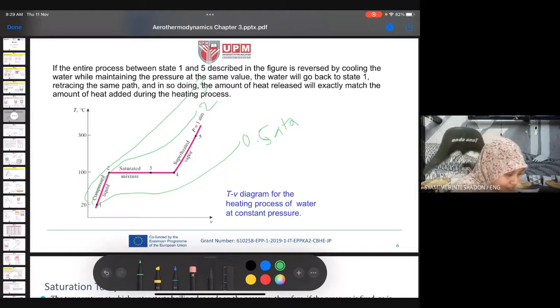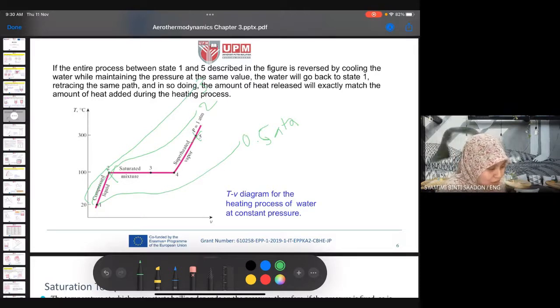For example, at state 5 and at state 2, even though the position changes vertically or horizontally, the pressure remains the same because it is on the isobar line. The pressure at state 5 is 1 atmosphere, and the pressure at state 2 is also 1 atmosphere, but the temperature and the volume at states 2 and 5 are different. So that's why you have to learn how to read the diagram.